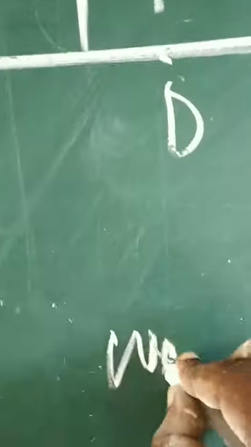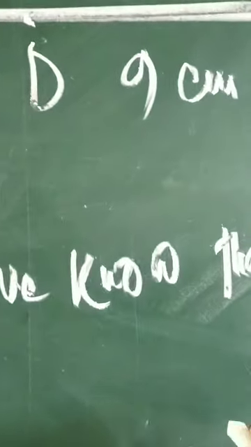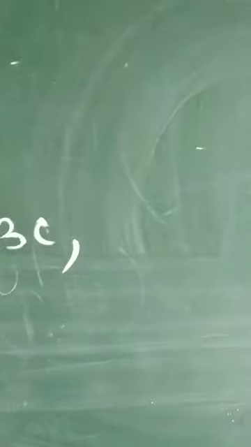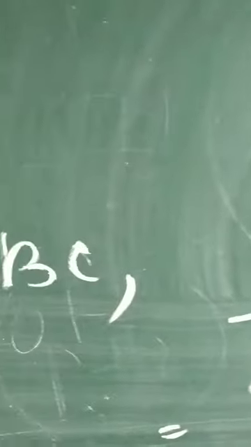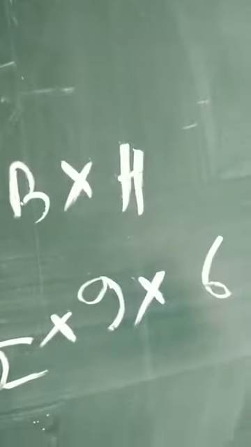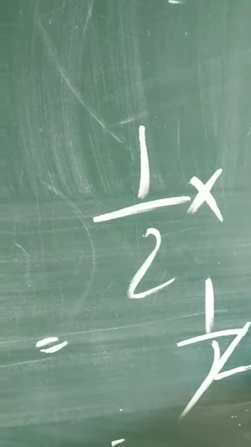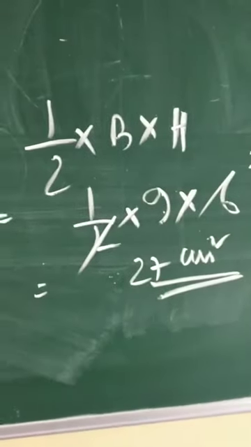We know that area of triangle ABC is half into base into height. Half, what is the measure of the base? 9. What is the measure of the height? That is 6. Let us cancel. 2 3s are 6, 3 9s are 27 centimeters square. I got the area of this triangle ABC as 27 centimeters square.